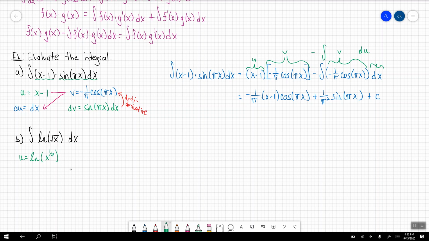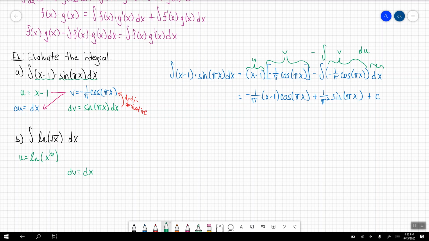And then dv will be what's left over. Well, what's left over? Well, that's a differential dx. Okay, that's not too bad. Now, you're going to say, okay, well, I then have to take the derivative of my substitution for u. Okay, that's fine.